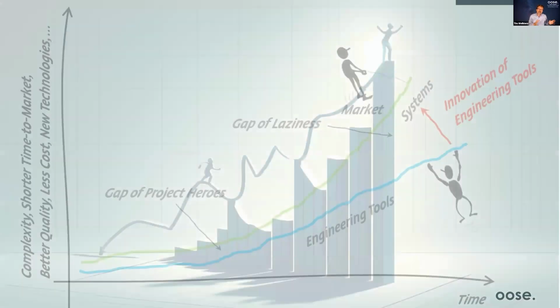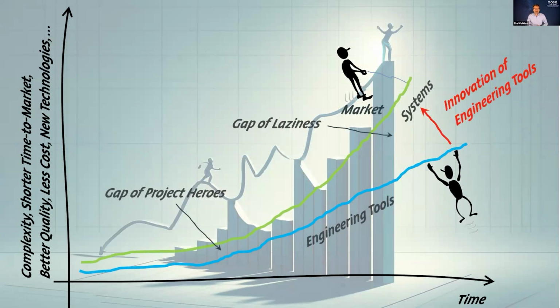But it shows that it's important to sharpen our saw. This is the only way we can develop ever more powerful systems. And people also play a role, of course, and project heroes can develop even better systems despite the tool limitations.